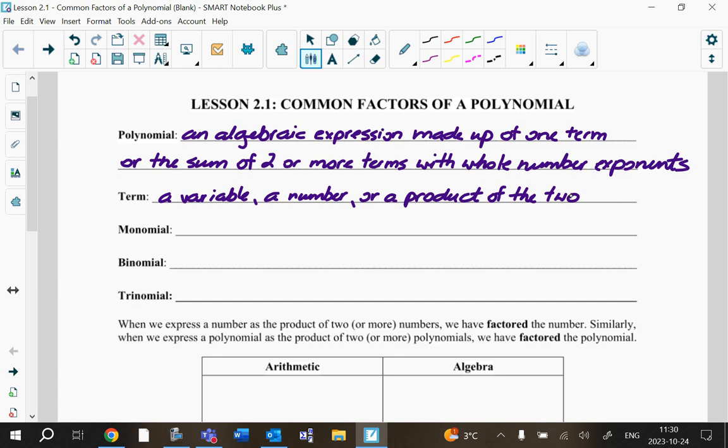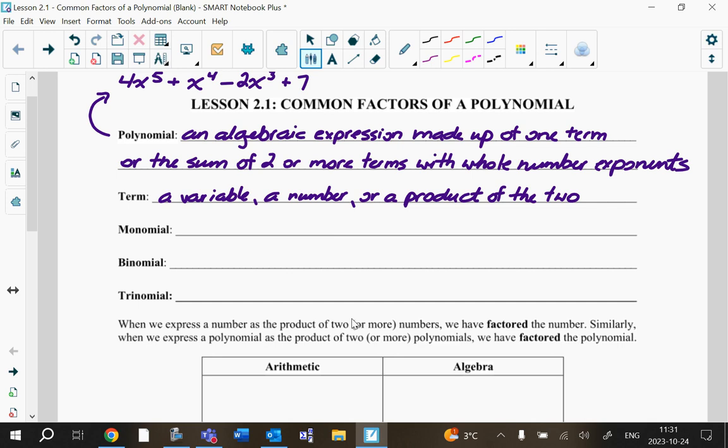When we have one term or more than one term, we call it a polynomial. So like a polynomial could be something like, 4x to the fifth plus x to the fourth minus 2x to the third plus 7.